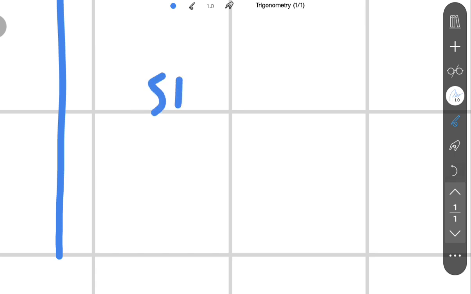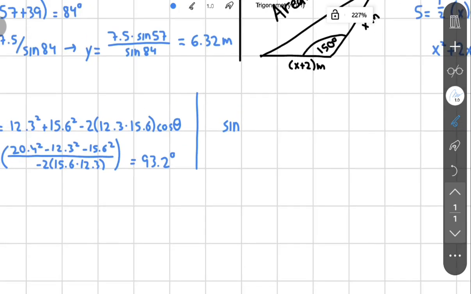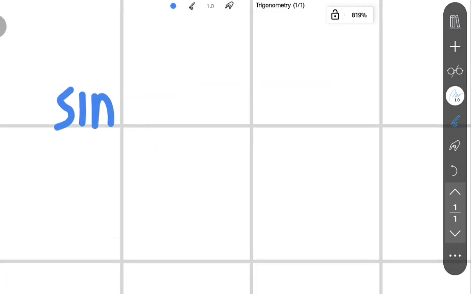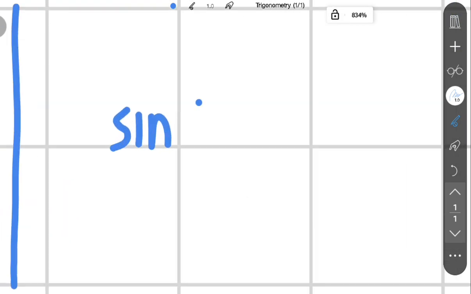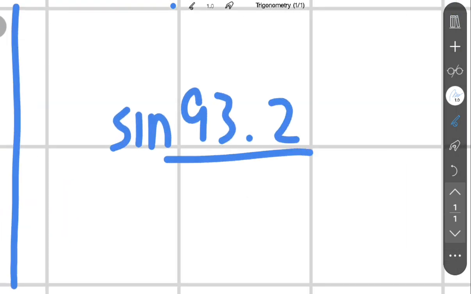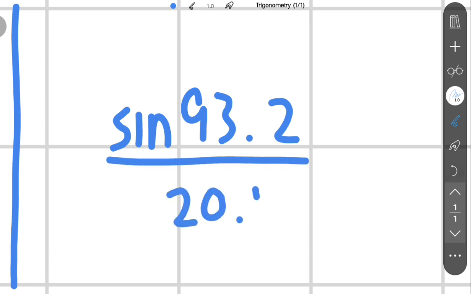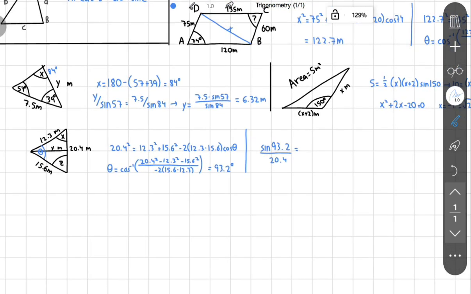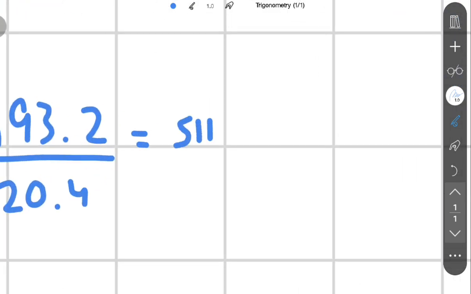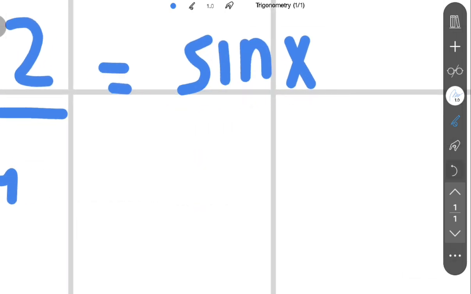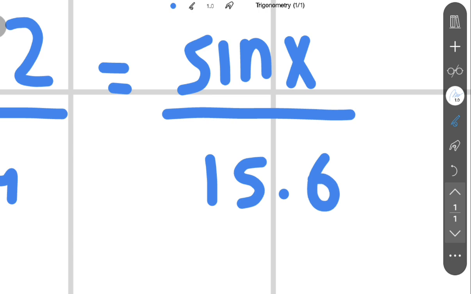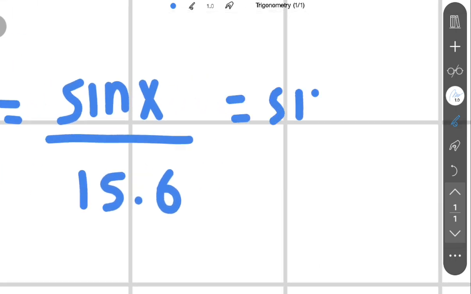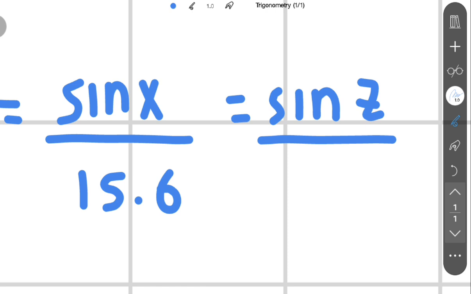So we're going to use sine 93.2 over 20.4 is equal to sine x over 15.6, which is equal to sine z over 12.3.